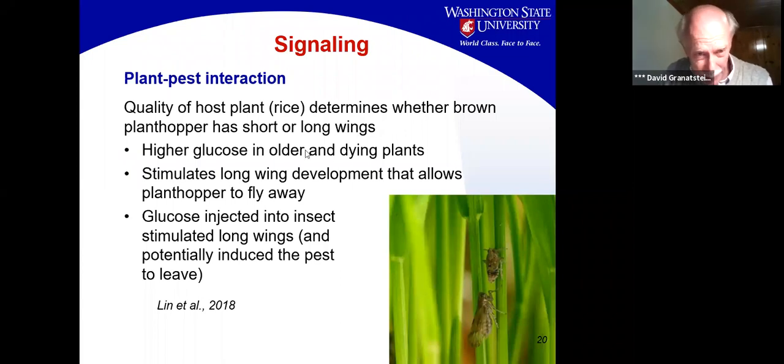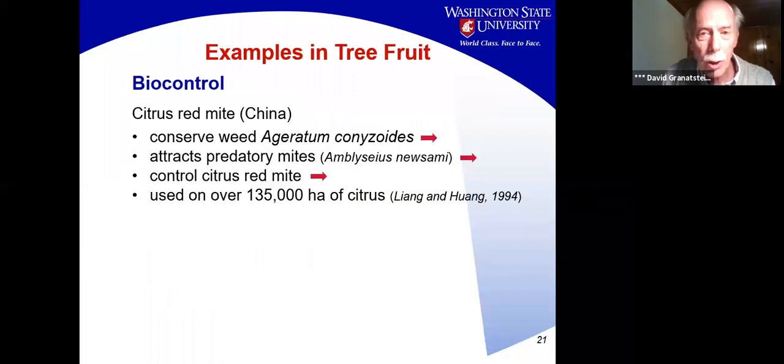Well, it turns out that change in physiology of the insect is driven by the plant, and that older rice plants have higher glucose, and that high glucose stimulates the change from short to long wing. And if you inject the insect with glucose, you actually induce that change, it flies away and it doesn't damage the crop. So again, crazy things that are out there that we're just learning about and we have the potential to utilize.